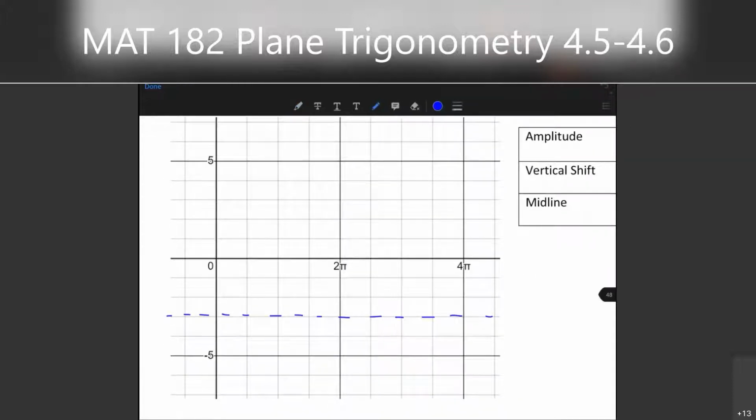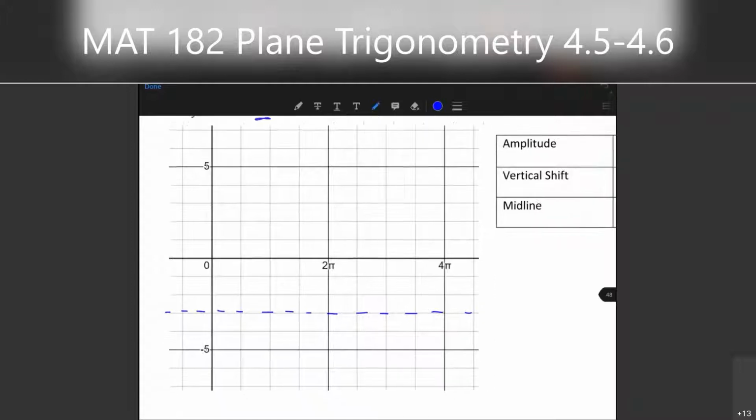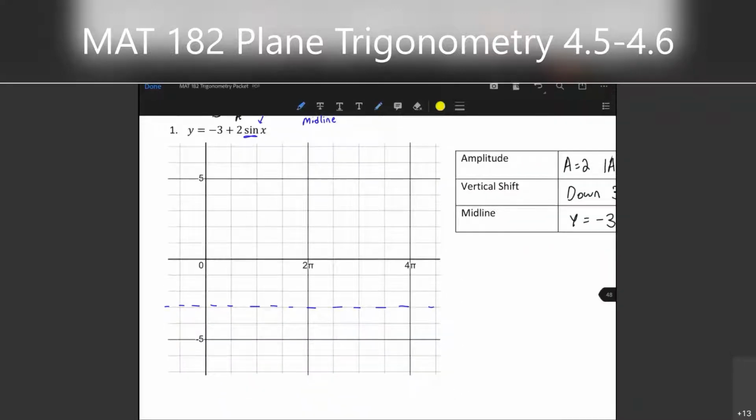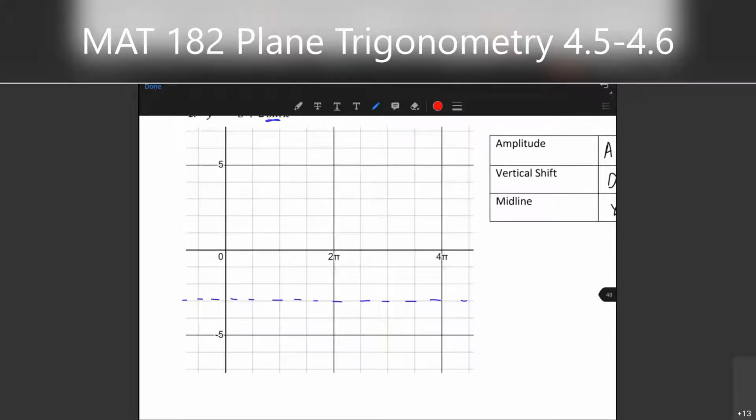All right, and the other thing we know is it's got an amplitude of 2, so we're going to want to draw that in as we go as well. So let's take a look at that. We're starting at the midline, so that would be starting at 0, -3. And I do have an amplitude of 2, so I'm going to be going up 2 units.